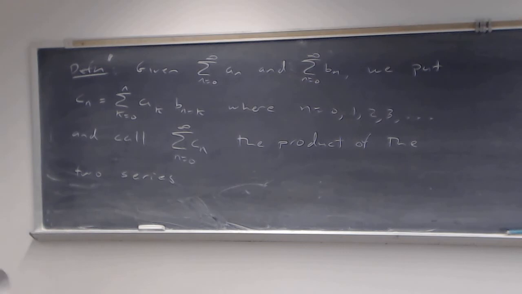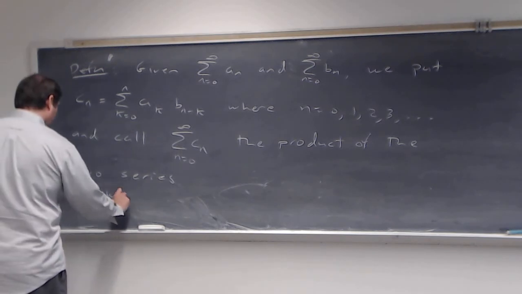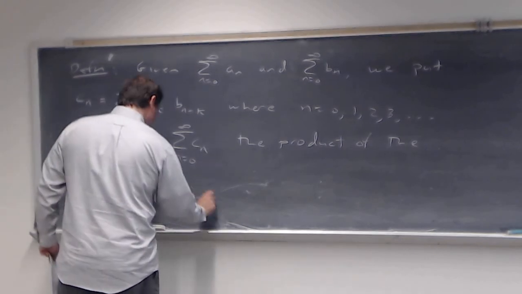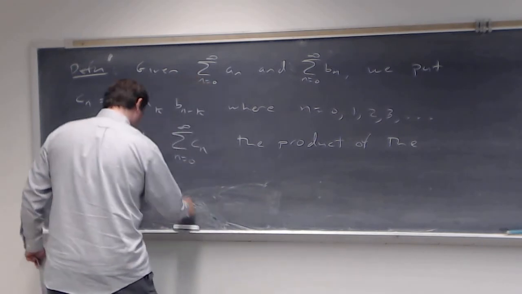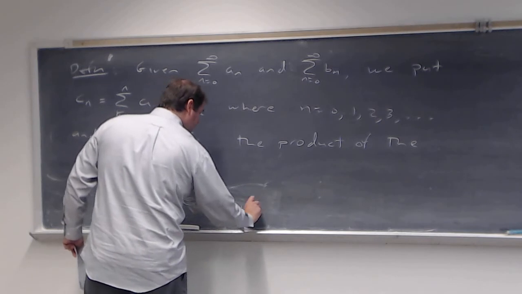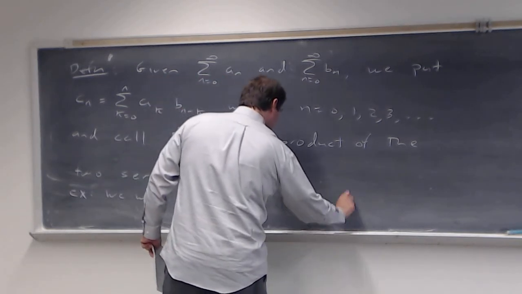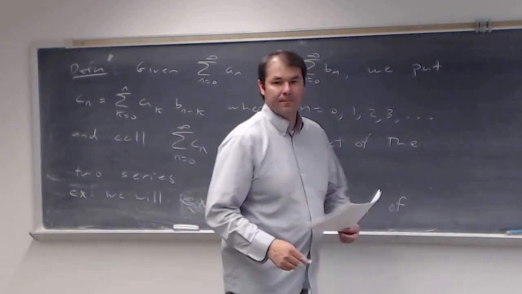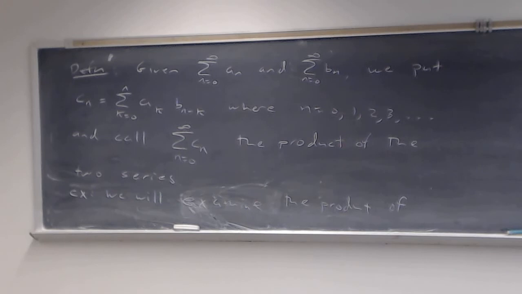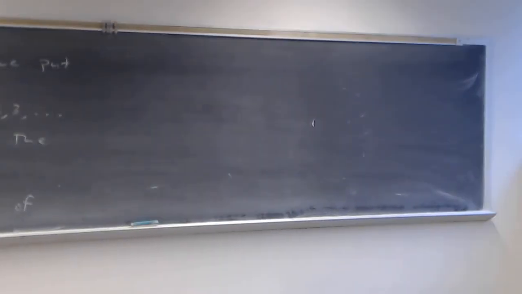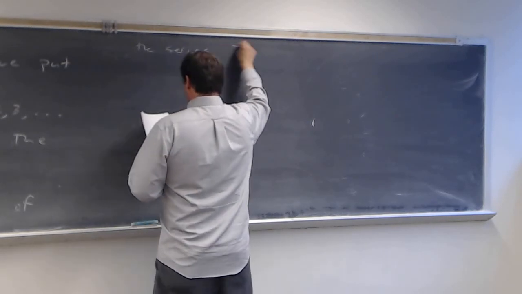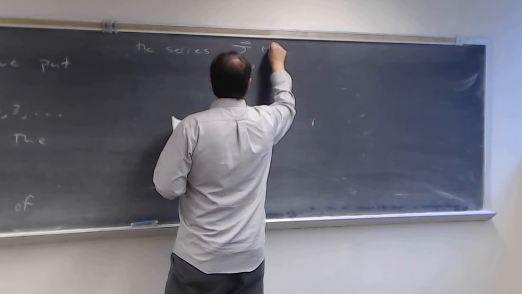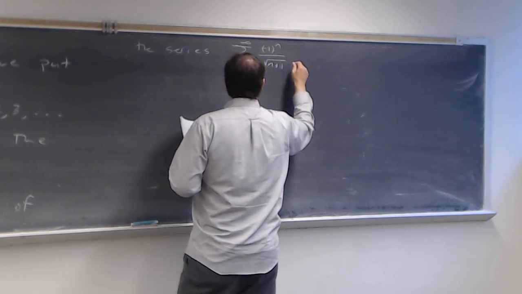And as an example, we will examine the product of the series, the sum as n goes from 0 to infinity of minus 1 to the n over the square root of n plus 1, with itself.